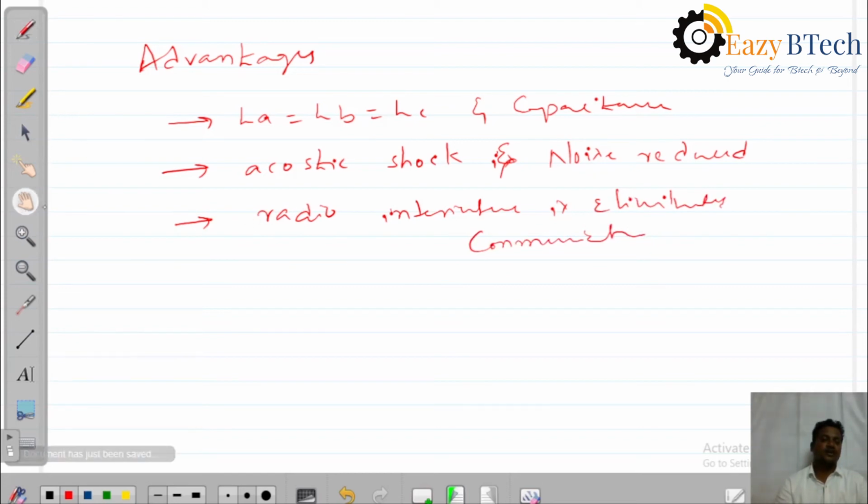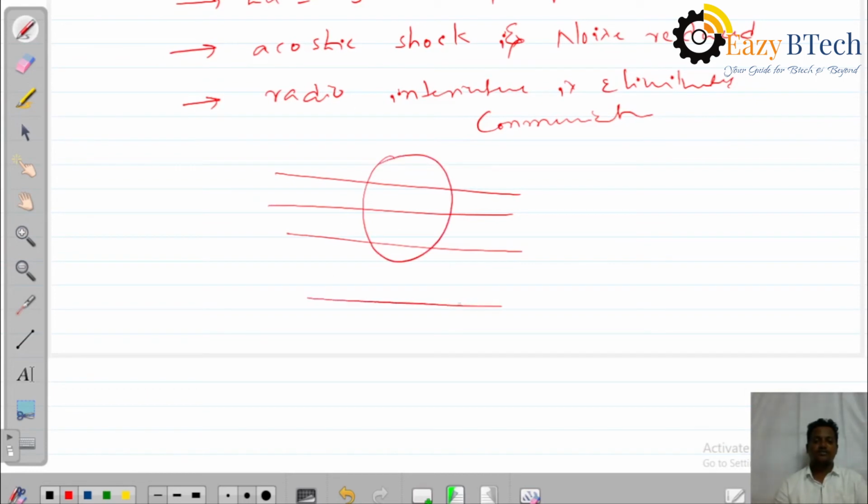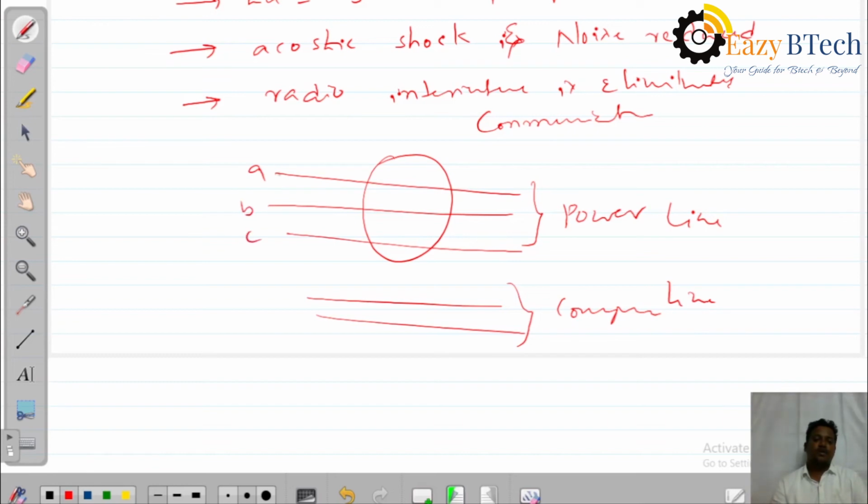What is this radio interference in communication lines? Suppose this is a transposed system. Parallelly, the communication lines are there on that same tower. It is the power line, it is the communication line. Now, A occupies the first position, second position and third position. In the first position, assume that it is 1 at an angle 0.